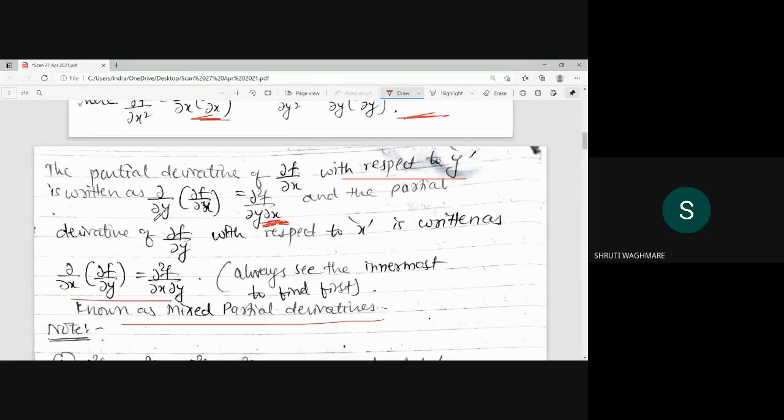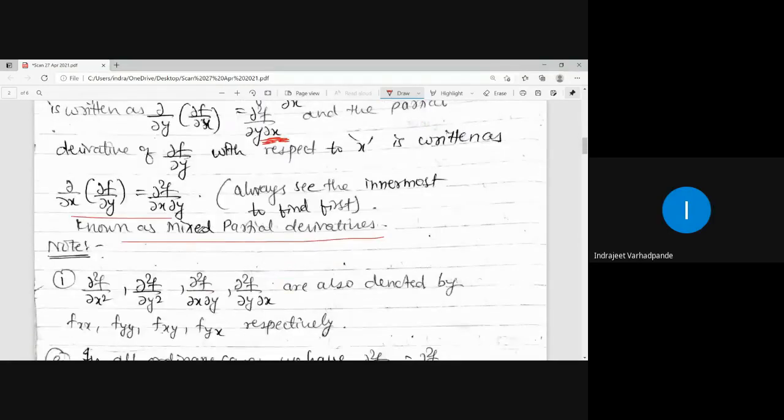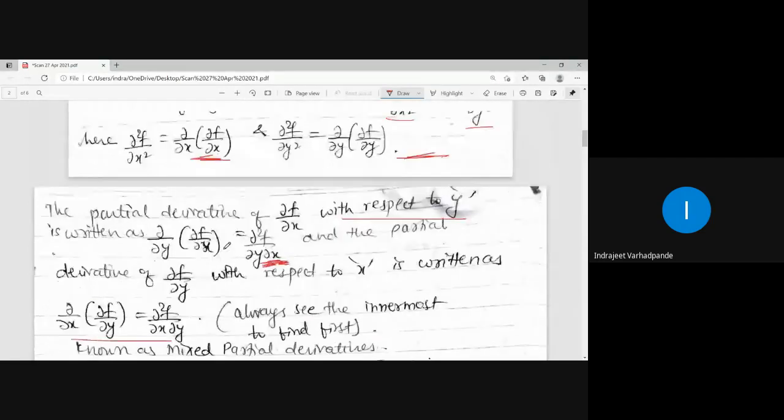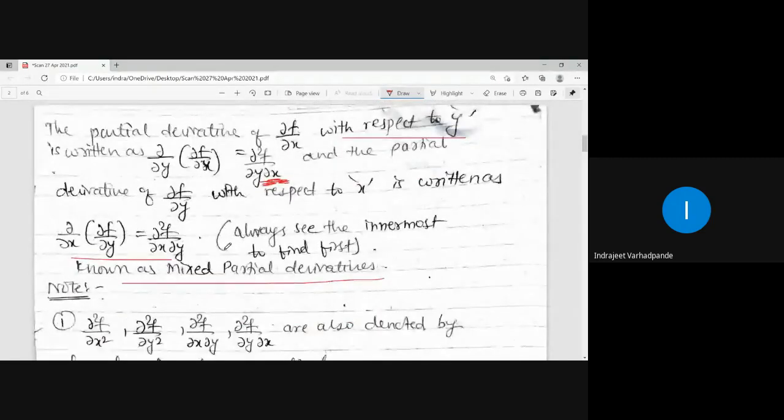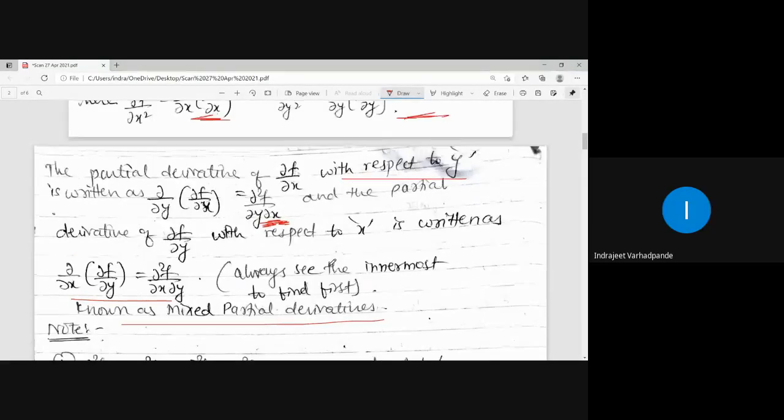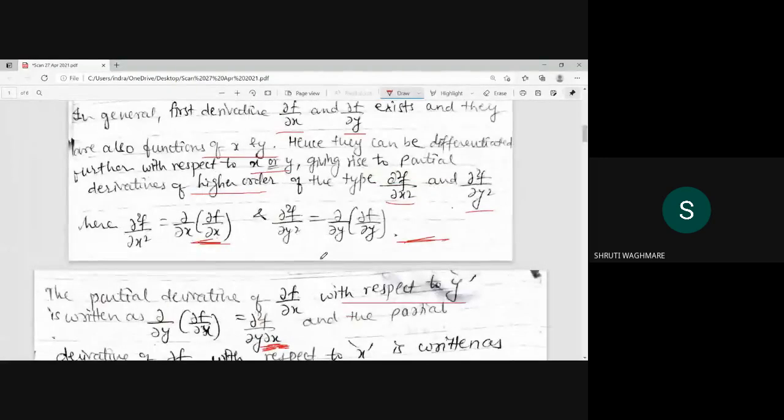So can you please scroll up? Yes. You need to write the initial part or the below part? Sir, below part. Yes. 1 minute. Yes.